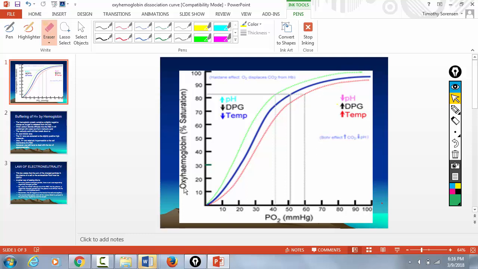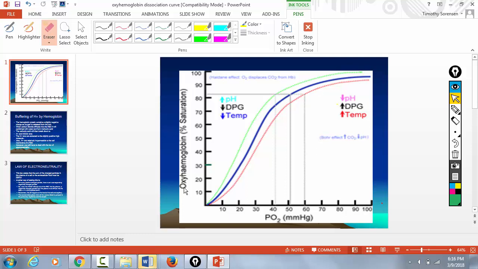Just look at the blue line for now. 95. Yeah, it's like 96, 97. Okay? I'm closer, I can see the numbers. You got me? What's the PO2 inside a cell? 100. No, that's in the alveoli. It's 40.